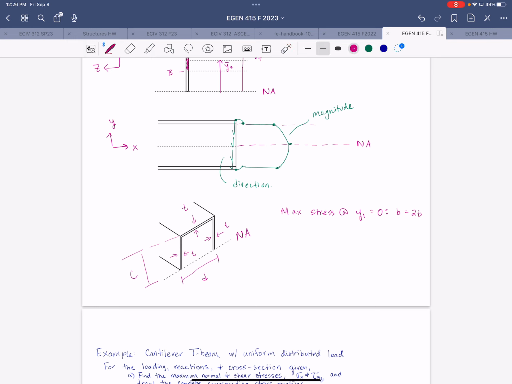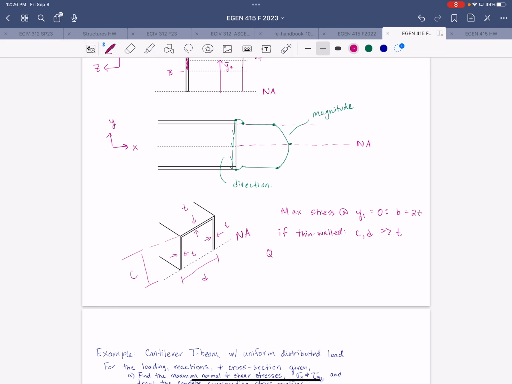And if it's thin-walled, I'll make that more clear that it's a T. If it's thin-walled, then the other dimensions are going to be much larger than the thickness.